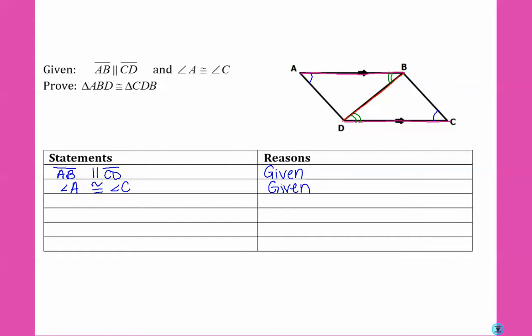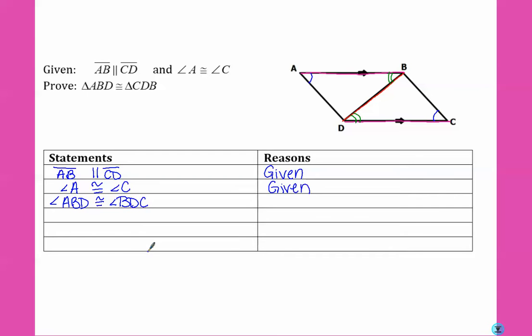So now, since both triangles have an angle B and an angle D in them, we're going to use their three-letter names in our statement. So we know that angle ABD is congruent to angle BDC.